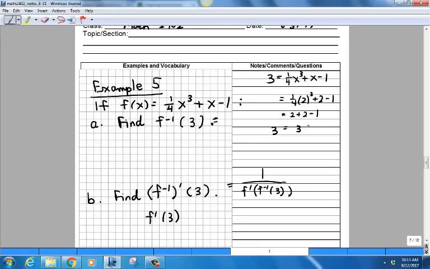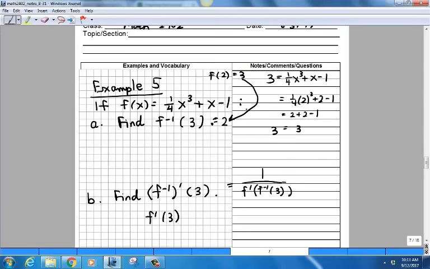So there we got lucky. We just solved that by trial and error. So we know then that f inverse of 3 is 2. What we just figured out here was f of 2 is equal to 3, so f inverse of 3 is equal to 2. That was really just luck.